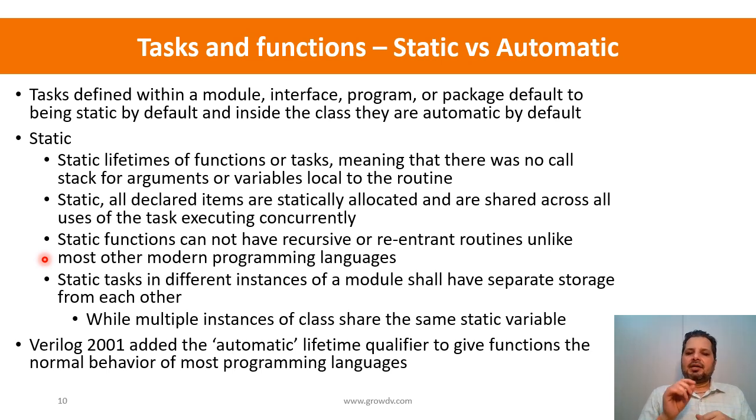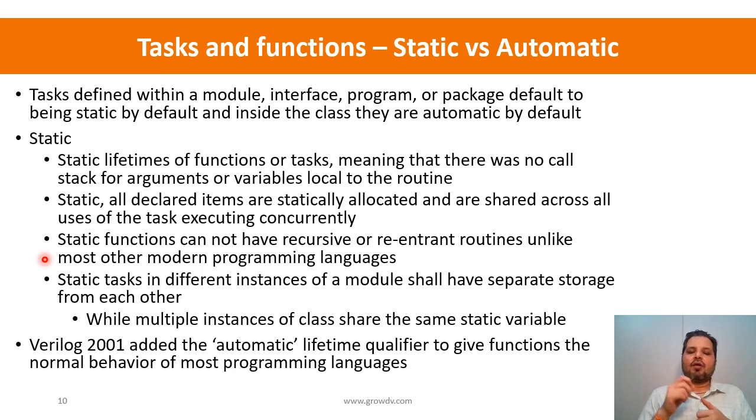Whereas if you compare it with the class, even if you have a static variable inside a class, when you create multiple instances of the class, they share a common variable. This is a fine point that you need to remember: even when you create multiple instances of the module, each one of them will have a separate static storage, whereas classes will share a common static storage.